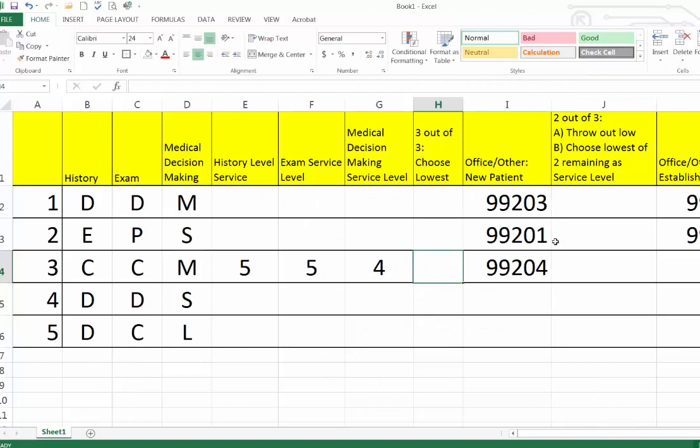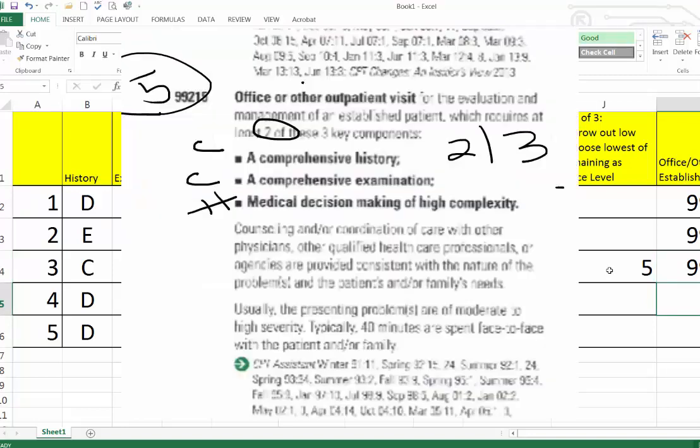So with 2 out of 3, I throw out my lowest number, in this case 4. So I throw out that 4. Now I'm left to choose between a 5 and a 5. And so of the two, whichever 5 you want to use, 5 is the lowest of the two remaining. So I'm going to bill a service level 5, which is 99215.